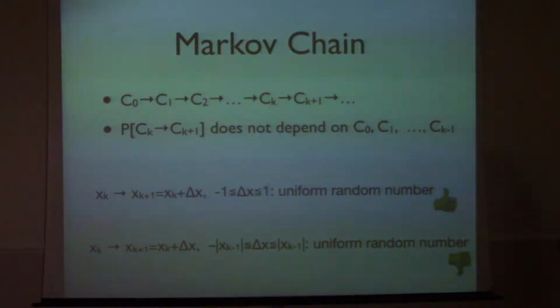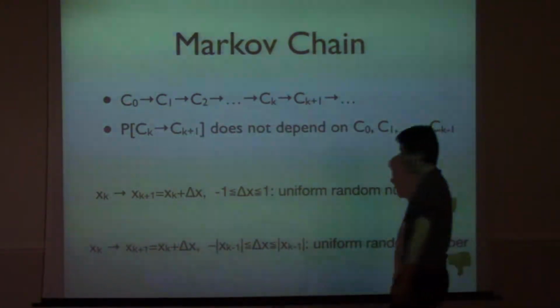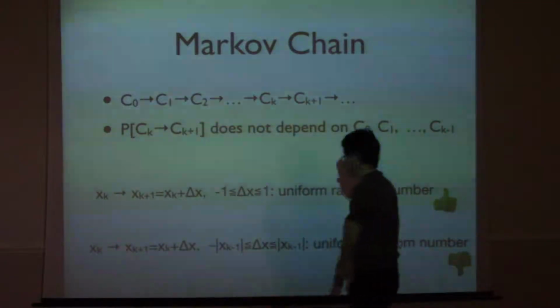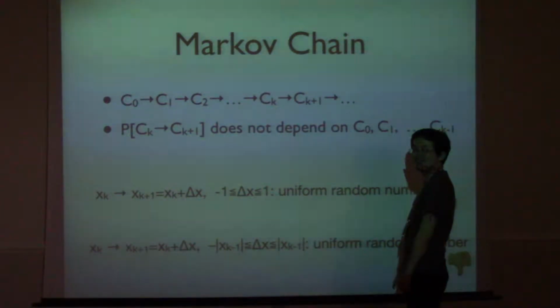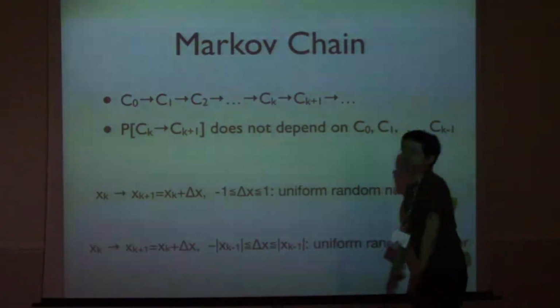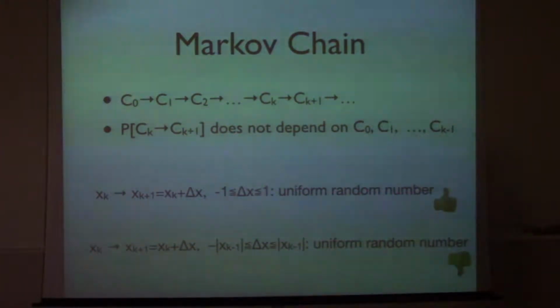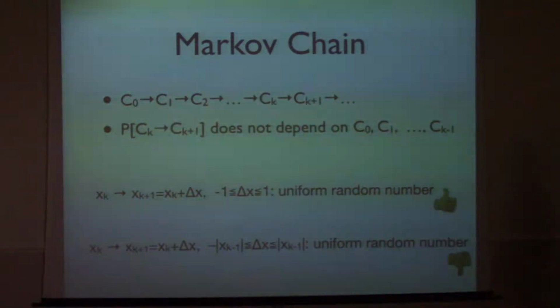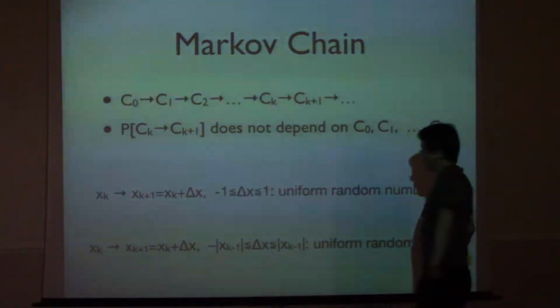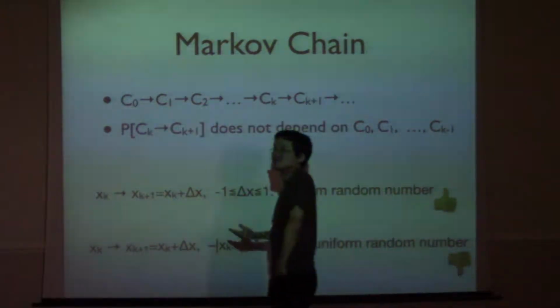But if you take this dx to be in this range, for example, by using xk minus 1, it's not a Markov chain because it refers to the past. And imagine xk minus 1 by coincidence becomes 0.